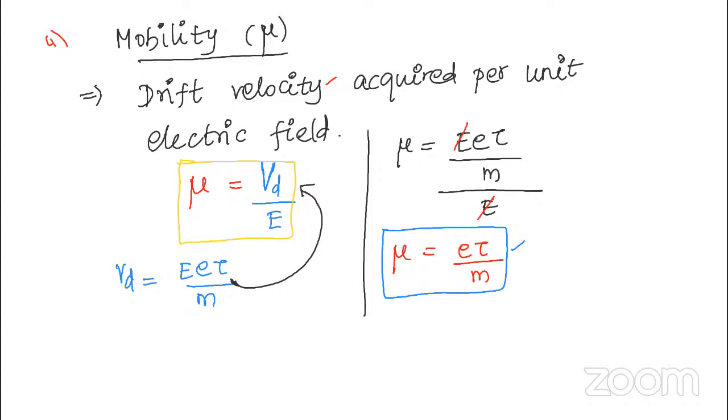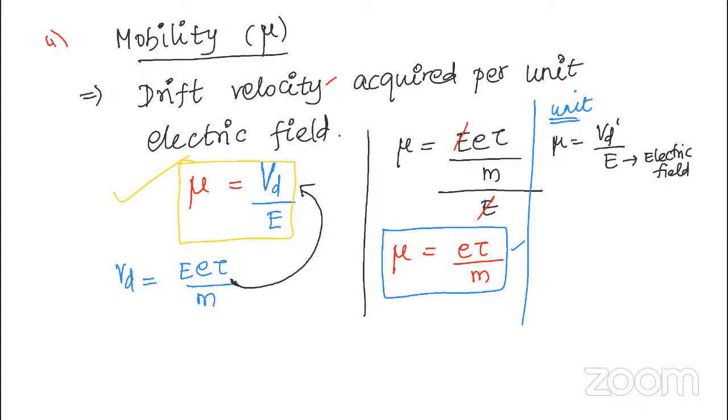Next, we have to find the unit of mu. So how to calculate the unit of mu? Here we are using this formula: mu is equal to Vd divided by E. Here E represents the electric field, and here it is drift velocity.